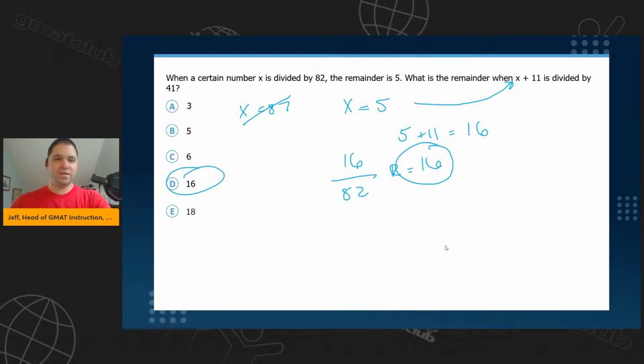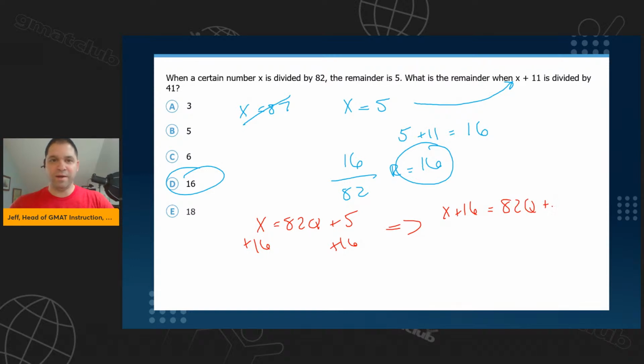To me, that's quicker than even saying, like, I know what you guys did, x is equal to 82q plus 5, then adding 16 to both sides, giving you x plus 16 is 82q plus 82q, or excuse me, plus 11, not 16.